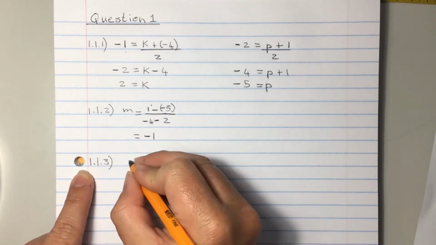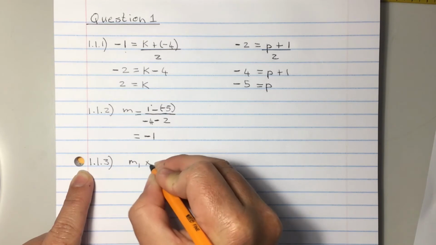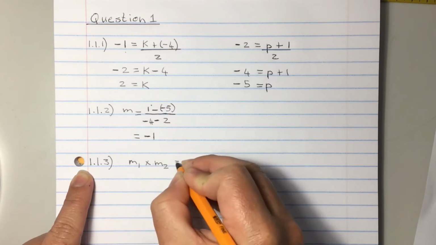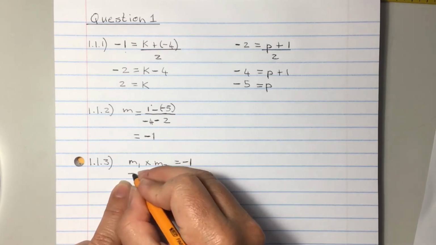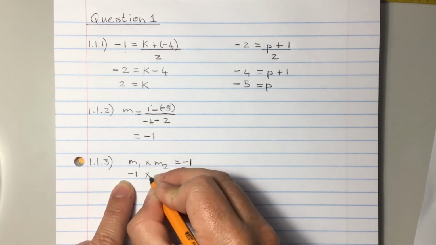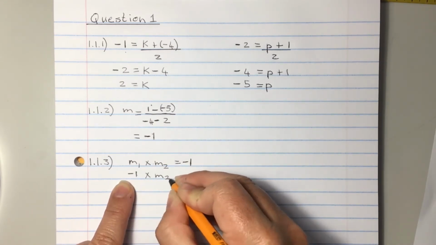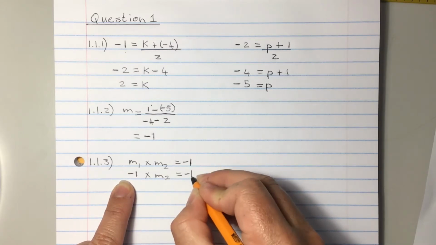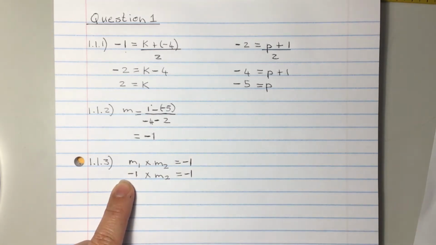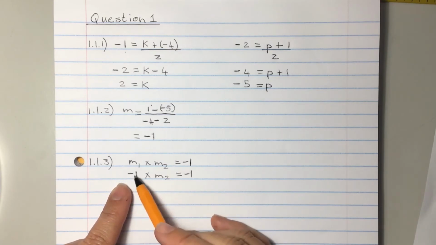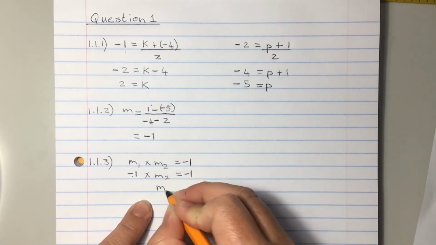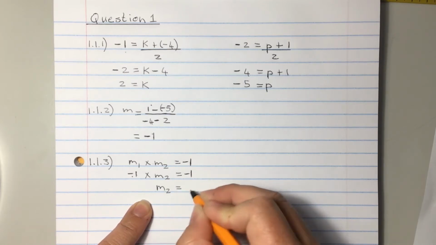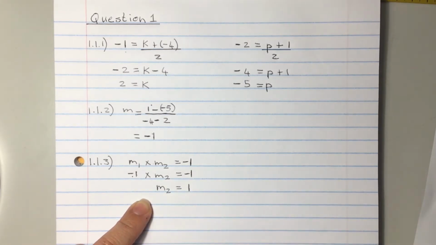We know that gradient 1 times gradient 2 is equal to -1, and our gradient 1 is -1, and m2 is what we want. And this is a really easy one because they haven't given us a fraction. We divide both sides by -1, giving me an m2 is equal to 1.